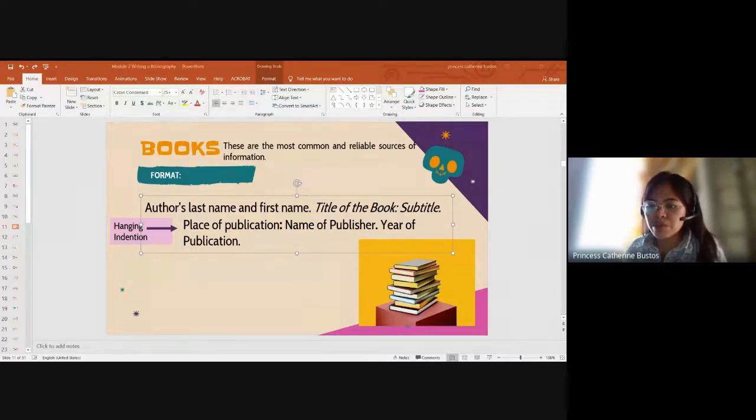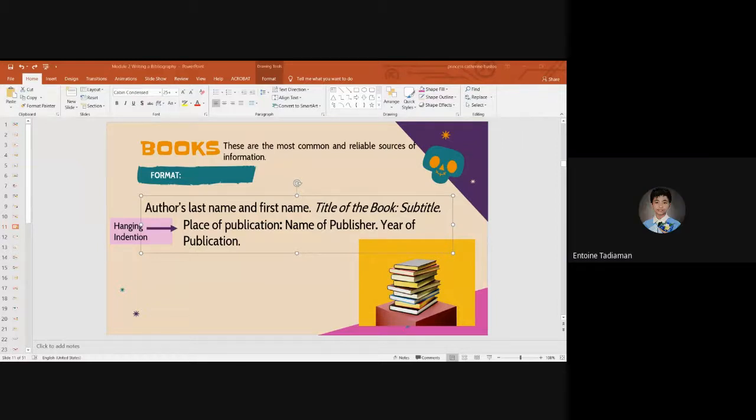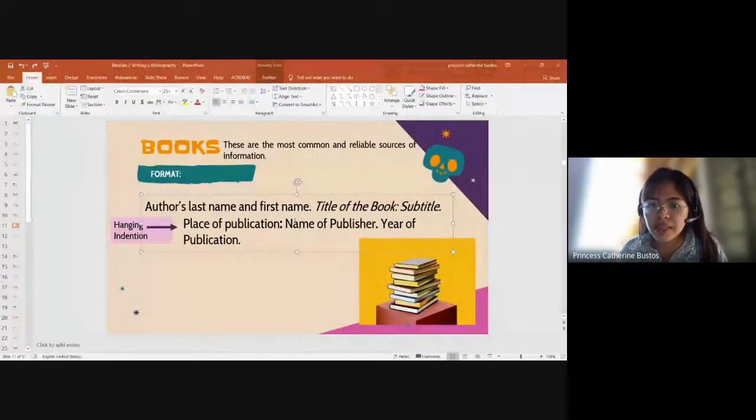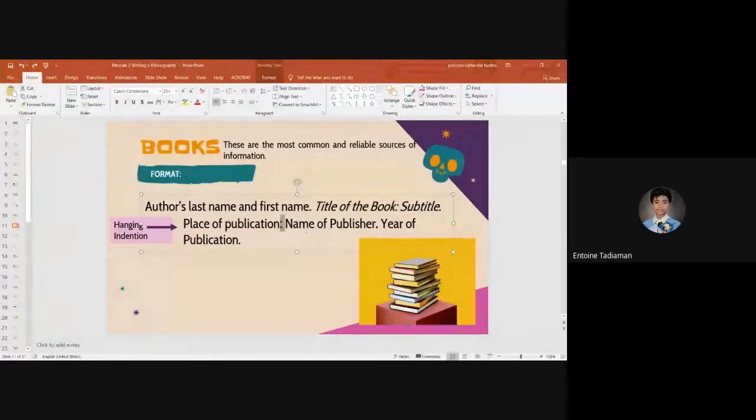What is the punctuation mark that separates the place of publication and the name of the publisher? Colon. Okay, very good.